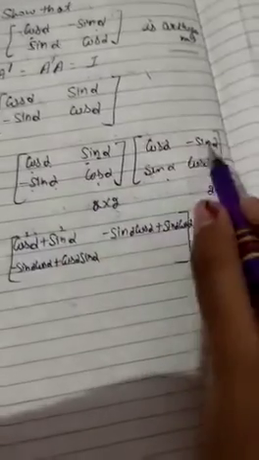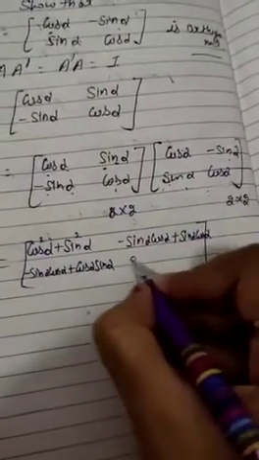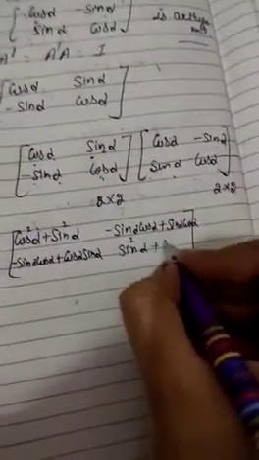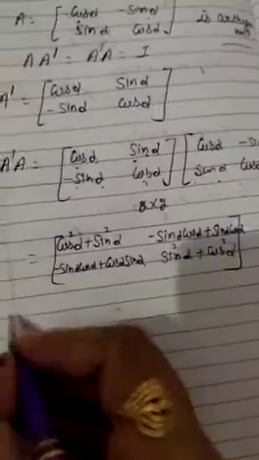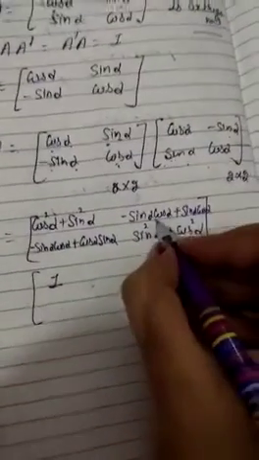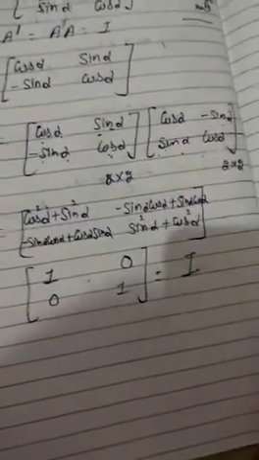For the fourth element, second row, second column: minus sin alpha multiplied with minus sin alpha is sin square alpha, and cos alpha multiplied with cos alpha is cos square alpha. Now sin square alpha plus cos square alpha has value 1; negative and positive cancel, the answer will be 0. So here 0, 0, and here 1, 1, and this is what? This is the identity.